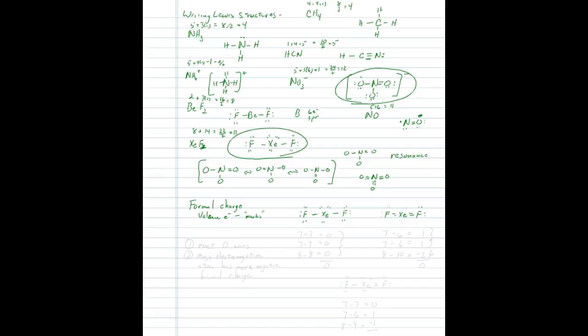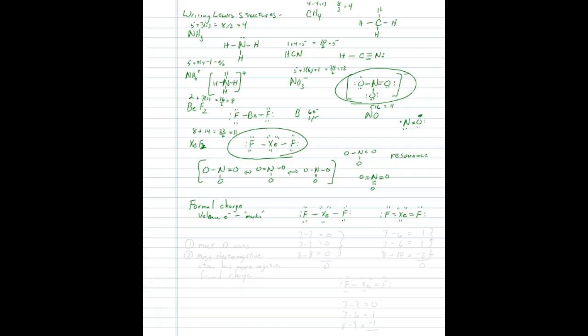One, two, three, four. 1, 2, 3, 4. Or another one would be a single bond and double bond. That's another permutation on that too. But we're going to go with the extreme here.